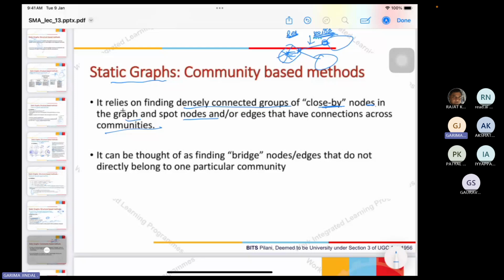This is one of the community-based methods to identify anomaly in the network. It can be thought of as finding bridge nodes or edges that do not directly belong to one particular community. We assume that this particular node does not belong to this community; it belongs to two communities since it is connected to another community. That's why this node can be considered anomalous.